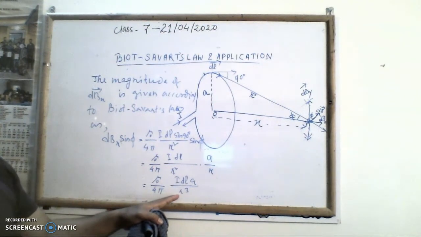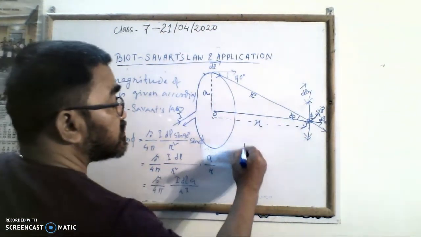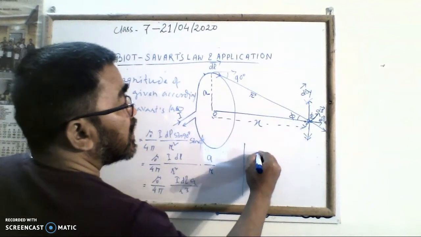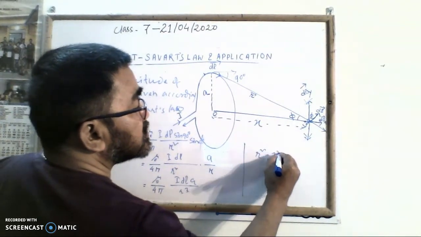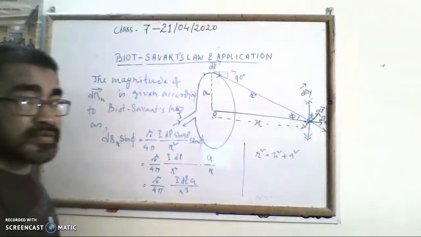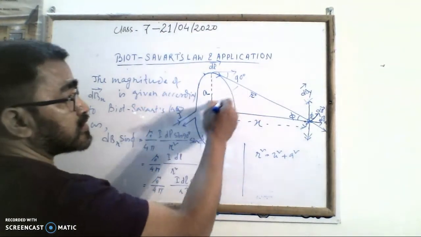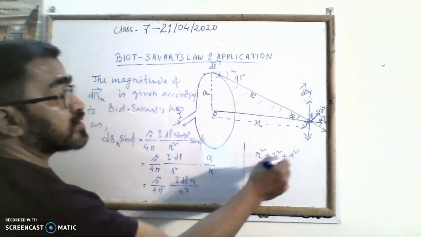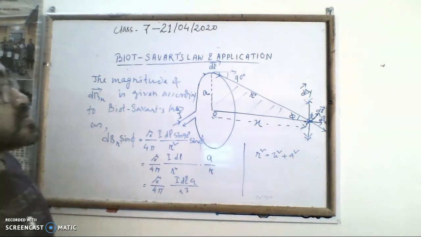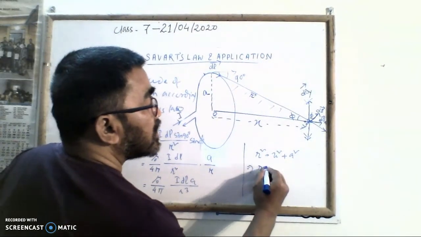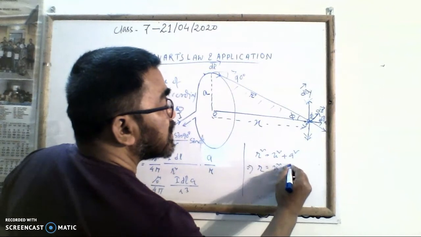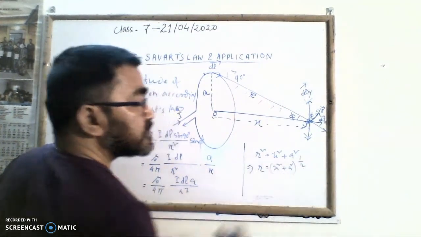Now again, you can write r cube. You see, from the Pythagoras theorem, r square is equal to x square plus a square, right? From this right angle triangle we can find this expression. So r is equal to what? x square plus a square to the power 1 by 2.